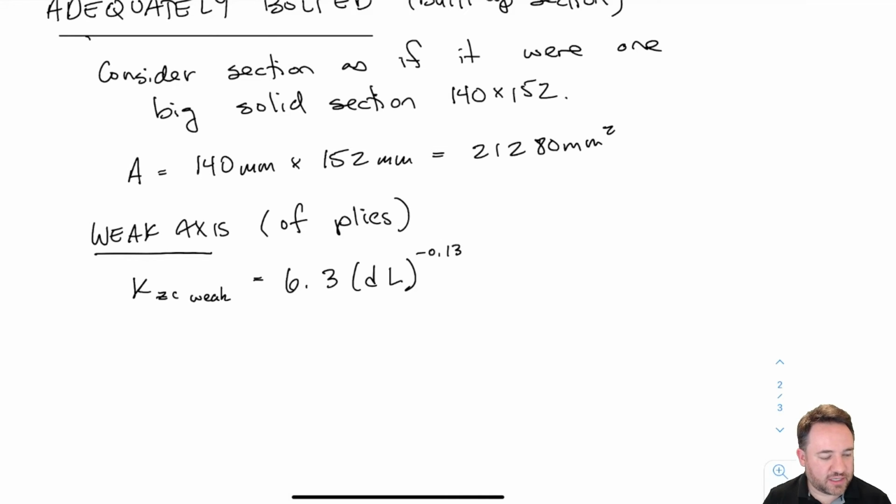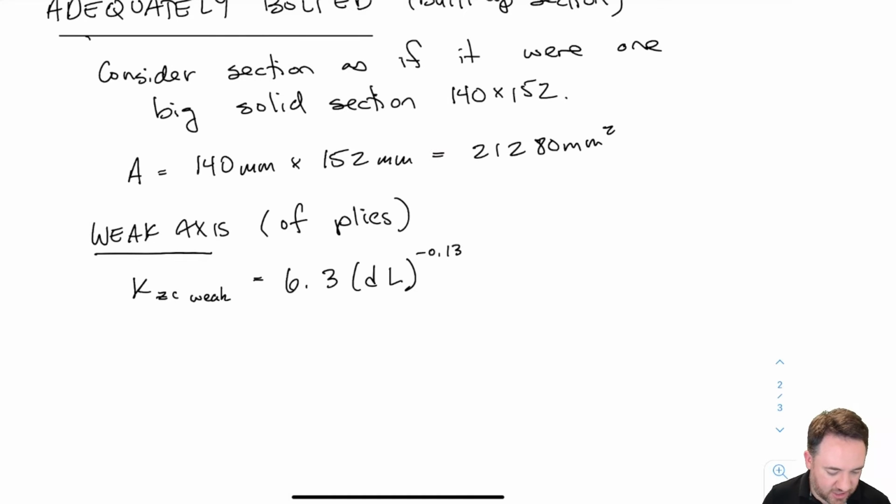The reason being, since this is a size effect factor, it's based on the size of the piece of lumber, right? Because this is, again, related to how grading and defects affect the total strength, right? So that doesn't change when I put a bunch of lumber pieces together, right? I'm not going to get a different strength of my individual member just because I've put a bunch of lumber pieces together.